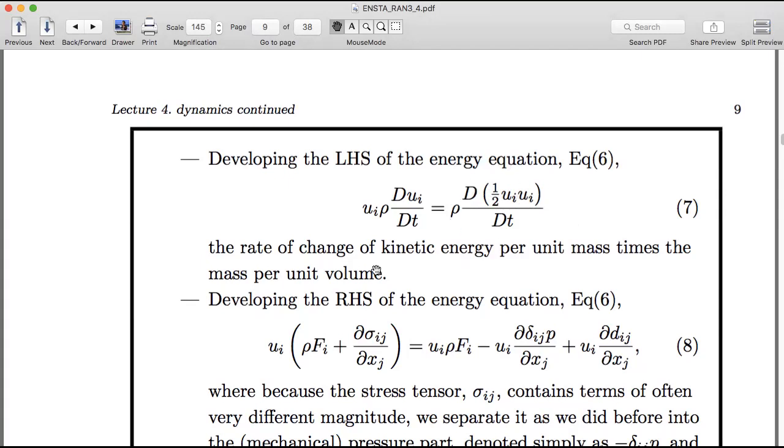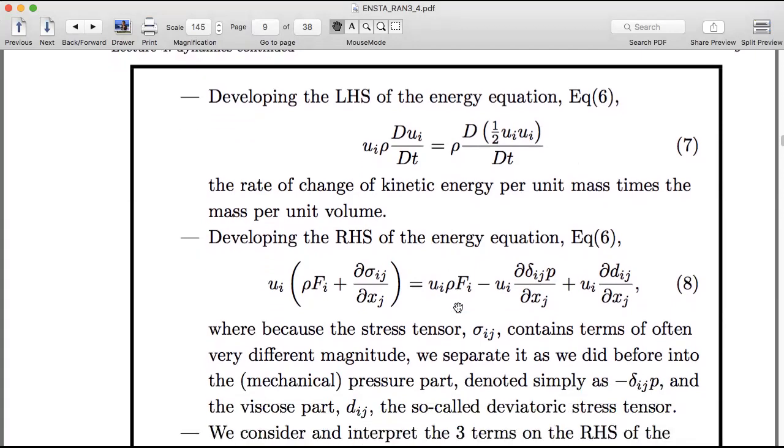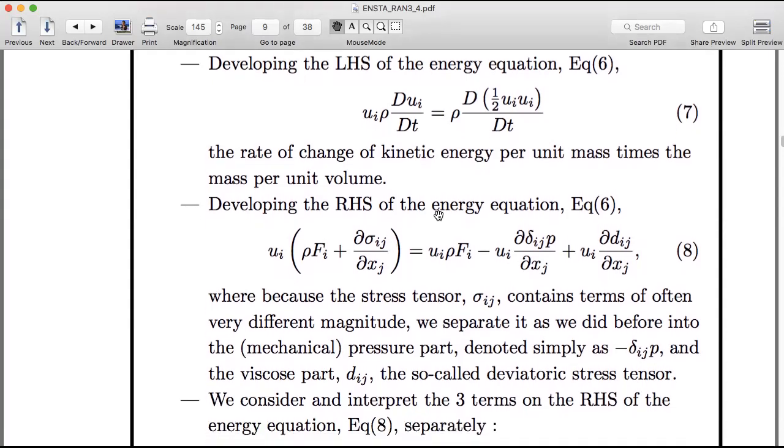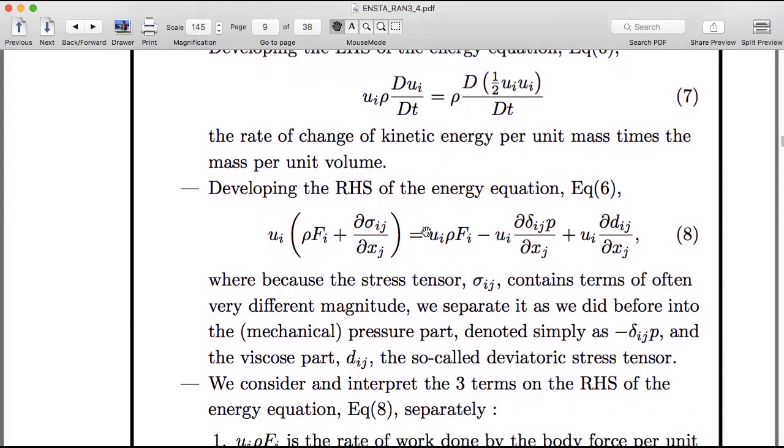So this is giving us the time rate of change of kinetic energy per unit volume. Well, just to be totally careful about that, that would be assuming the density were constant.